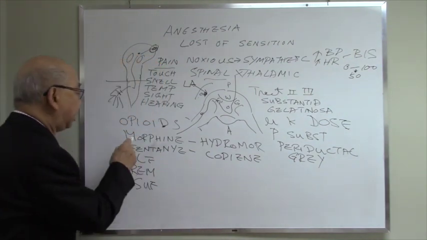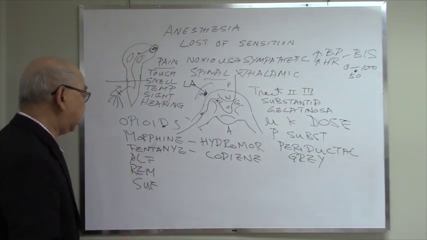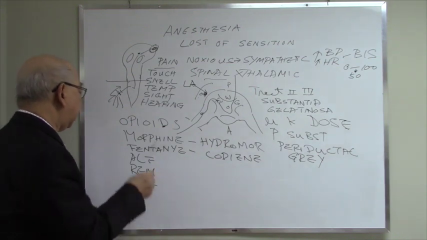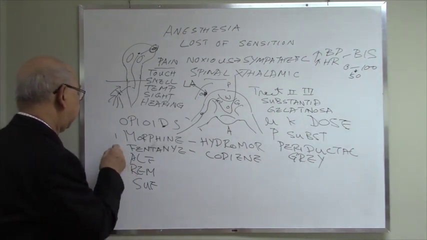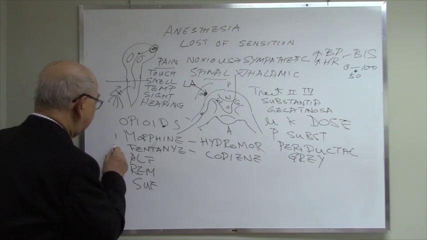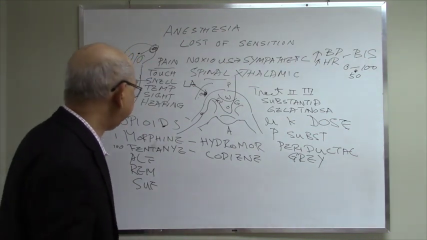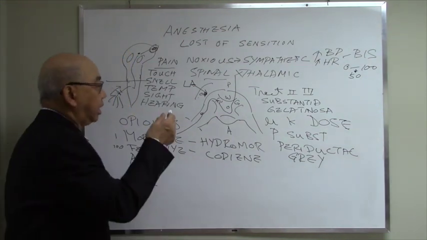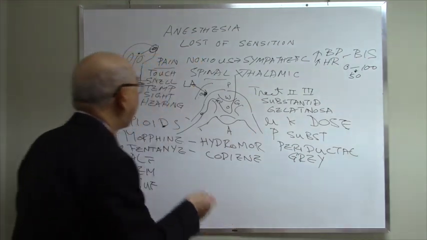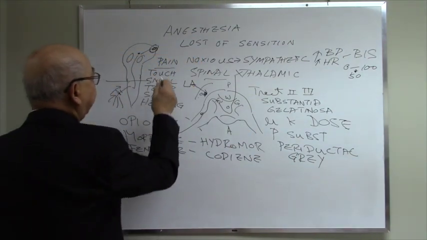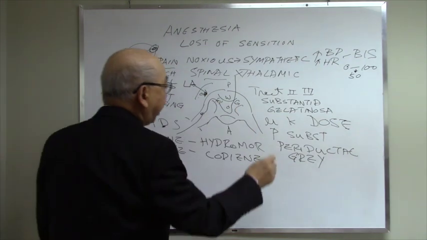And it depends on the potency of each drug. If morphine is 1, this is about 100 times, something like that. Okay. So that's another way of losing sensation, and this way is more specific just for pain.